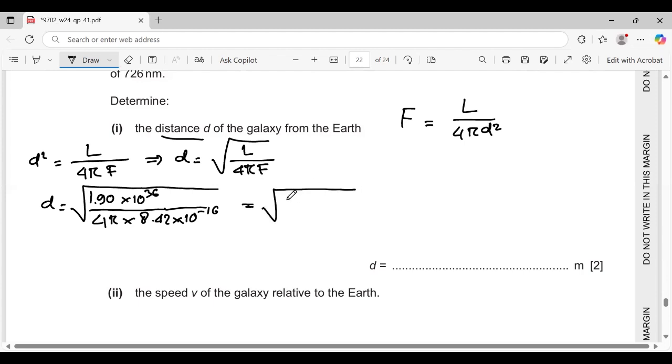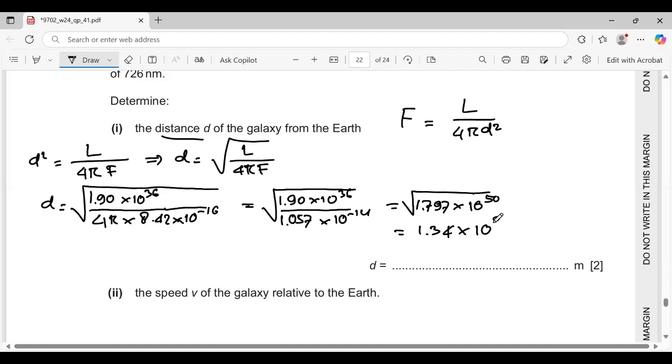And continue to calculate: 1.90 times 10 power 36 over 1.057 times 10 power minus 14. The root of 1.797 times 10 power 50, and the result is 1.34 times 10 power 25 meters. So distance is 1.34 times 10 to the power 25 meters.